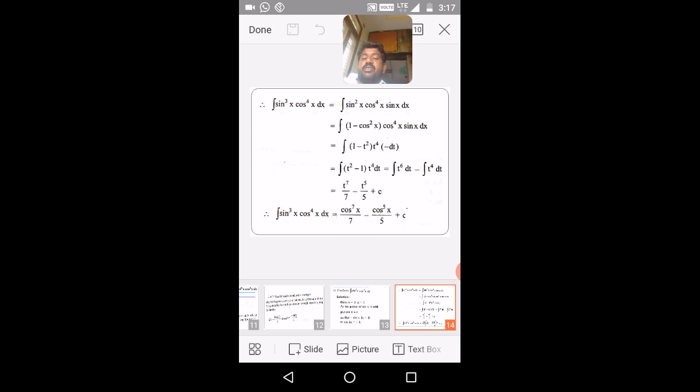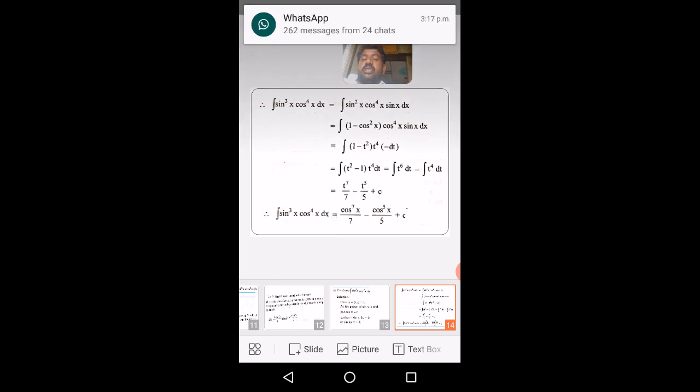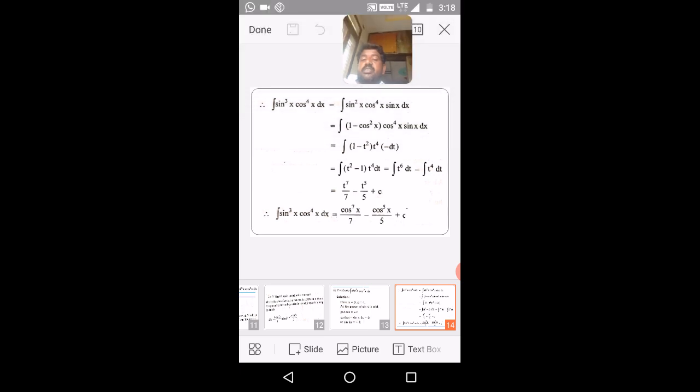You will get t power 4 minus t power 6. Multiplying with the minus sign, instead of 1 minus t square you will get t square minus 1. So finally it is the integral of t square minus 1 into t power 4 dt, which equals the integral of t power 6 dt minus the integral of t power 4 dt.